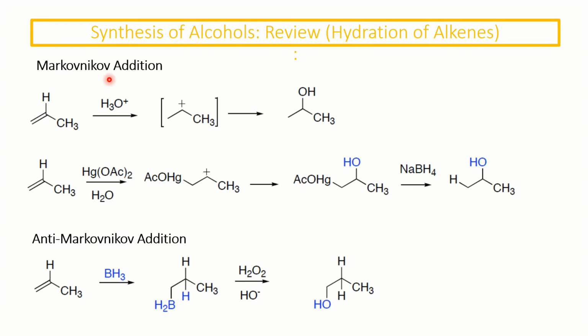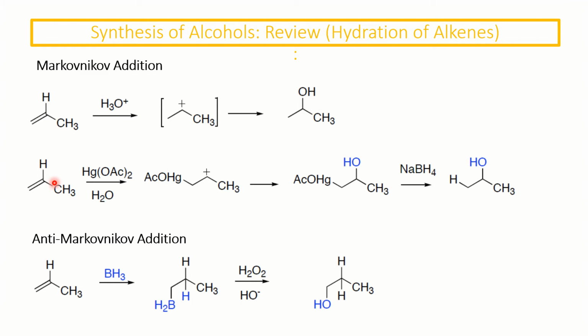In our review, remind ourselves that we have the acid catalyzed addition of water to this asymmetric alkene to realize a carbocation, which is on the most substituted carbon. Hence, the final product is an alcohol where the OH is on the most substituted carbon.